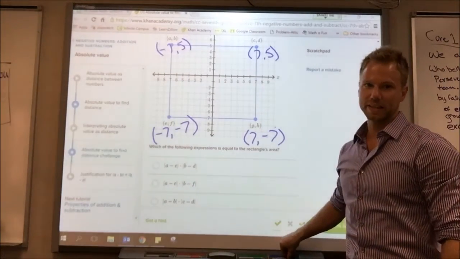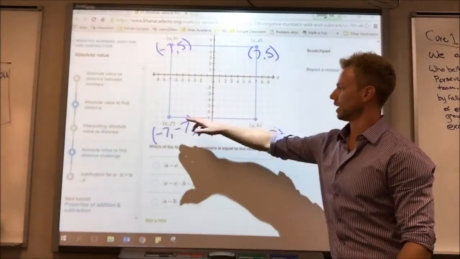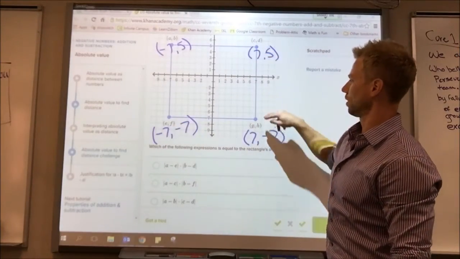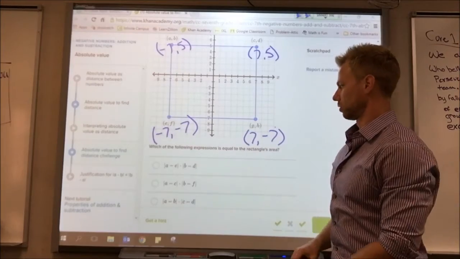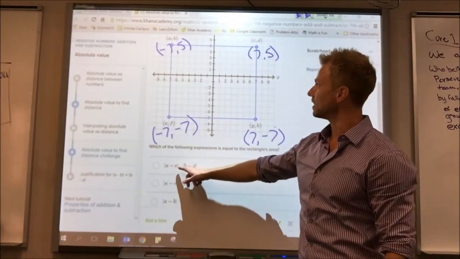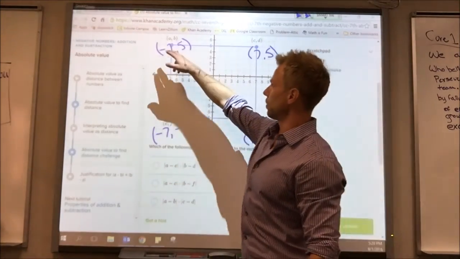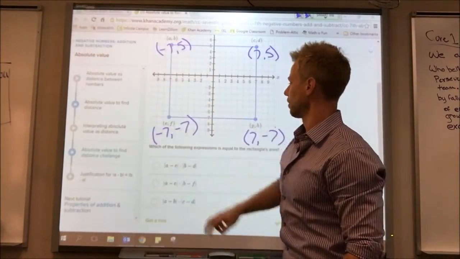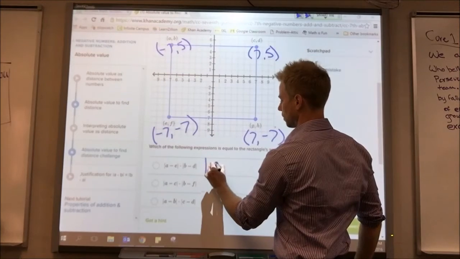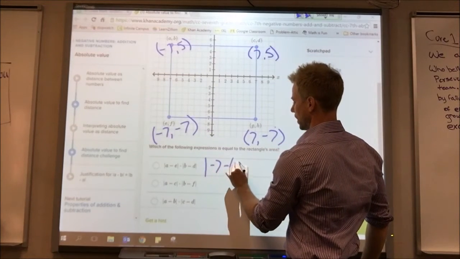Okay, so in order to find the area of the rectangle, we need to find the length and the width. So we need to figure out which letters will do that for us. So this first one says A minus E. So if I do A minus E, we will get negative 7 minus a negative 7, and that's absolute value.